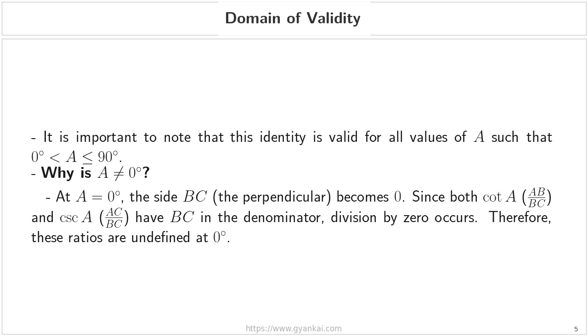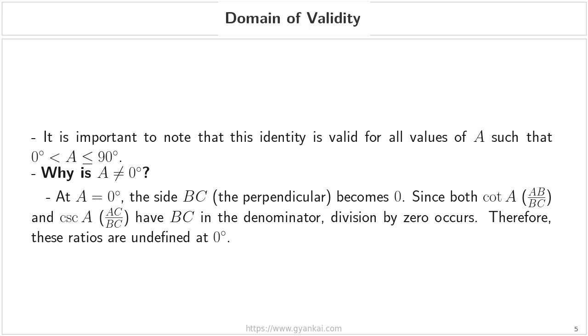You might be wondering, why can't angle A be exactly 0 degrees? Let's look back at the triangle we used in our derivation. If the angle A were to become 0 degrees, the side BC, which is our perpendicular, would shrink down to a length of 0. Now, remember our definitions from the previous steps. Cotangent of A is the base divided by the perpendicular, and cosecant of A is the hypotenuse divided by the perpendicular.